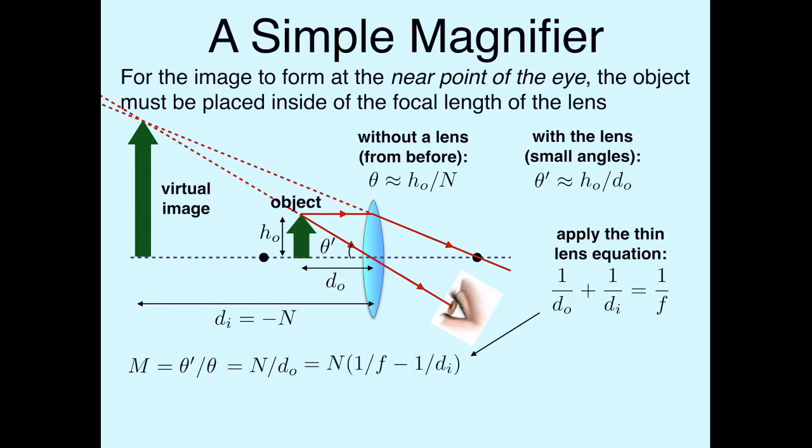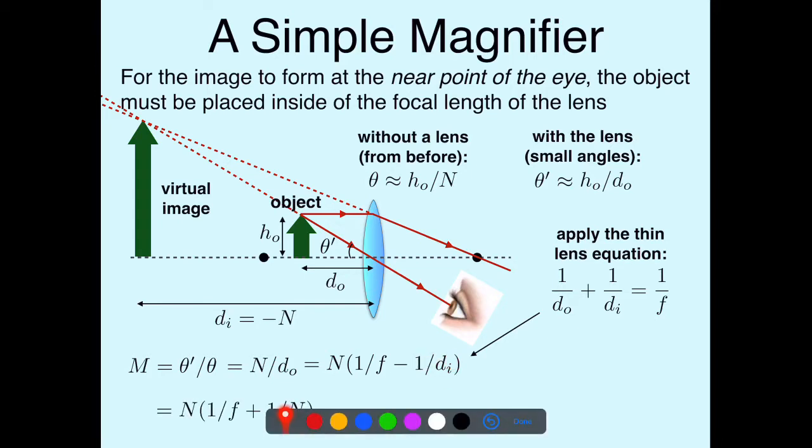So let's just replace that in our equation for the angular magnification, where we have 1 over DO. We're going to replace that with 1 over F minus 1 over DI, and that's what's multiplying N out here. But then remember that DI is just equal to minus N. So we'll replace DI with minus N right here.